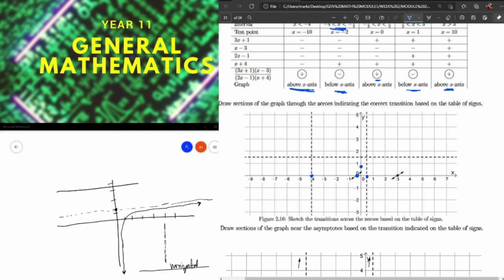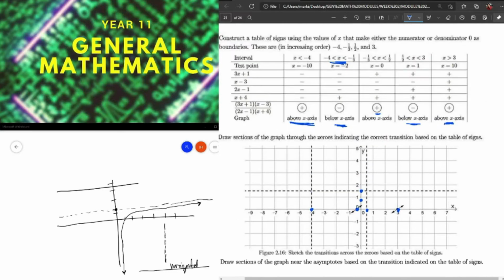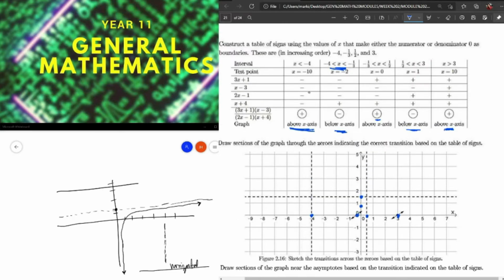This is the horizontal asymptote. This is the x-intercept, yes, x-intercept, and this is the y-intercept we have here.